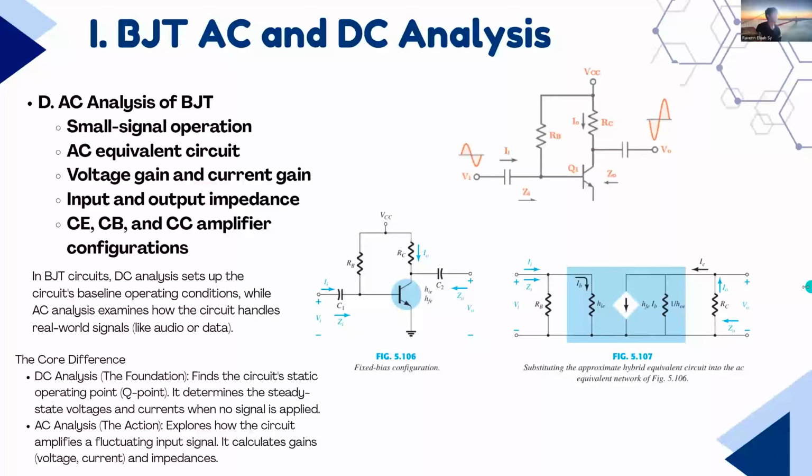Next, we will talk about the AC analysis of BJT. While DC analysis sets the static operating point, AC analysis examines how the BJT processes time varying signals.